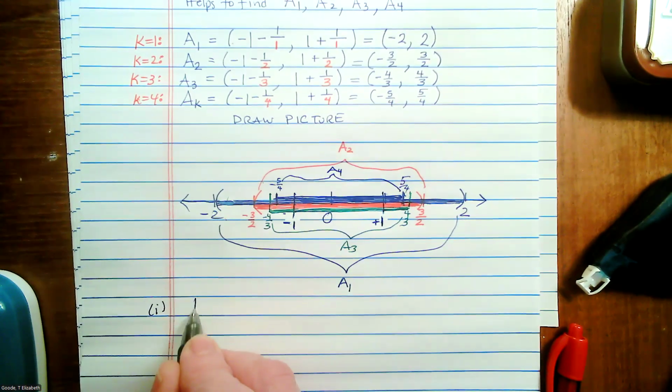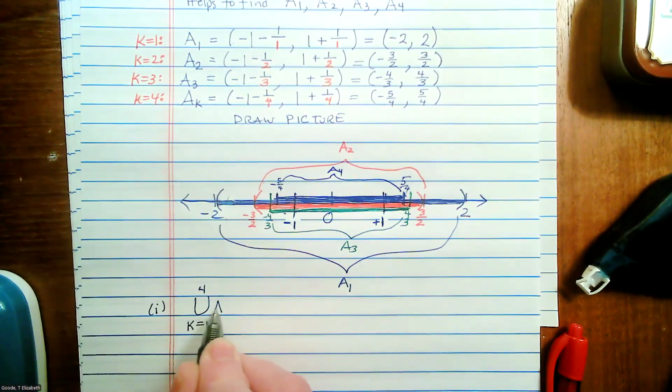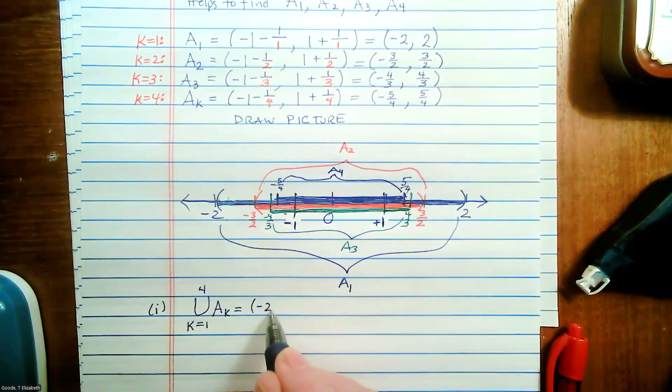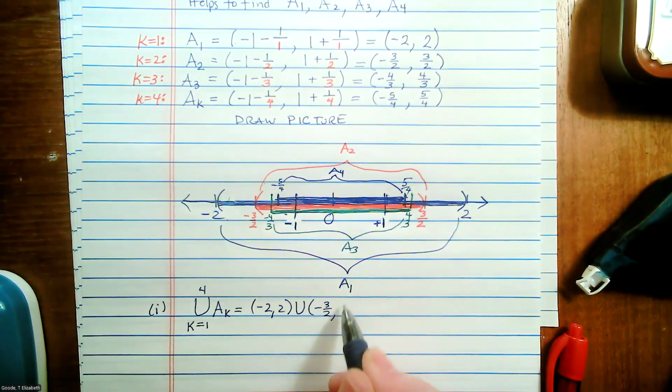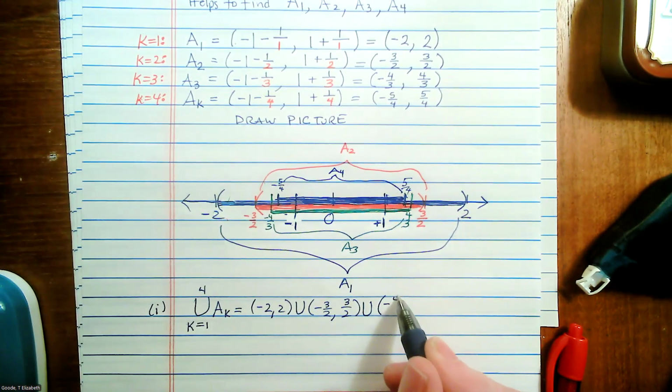So when we start to look for the union from K equals 1 to 4 of A sub K, well, we're looking at -2 to 2 union. So what does the union operator mean in set land?